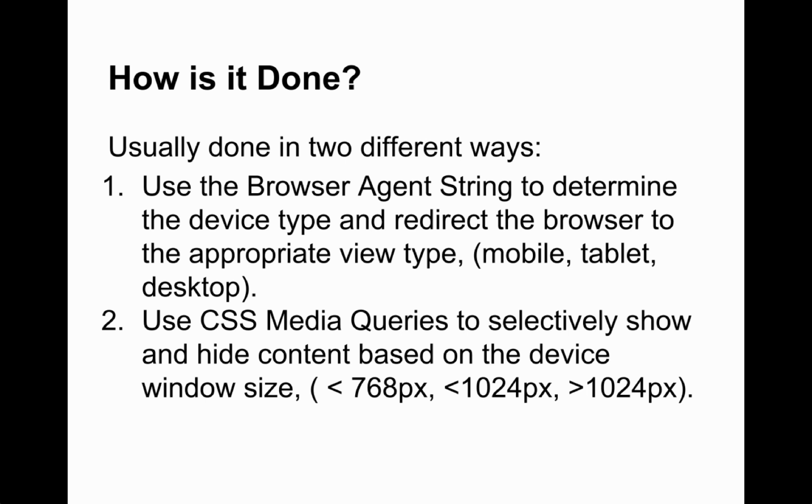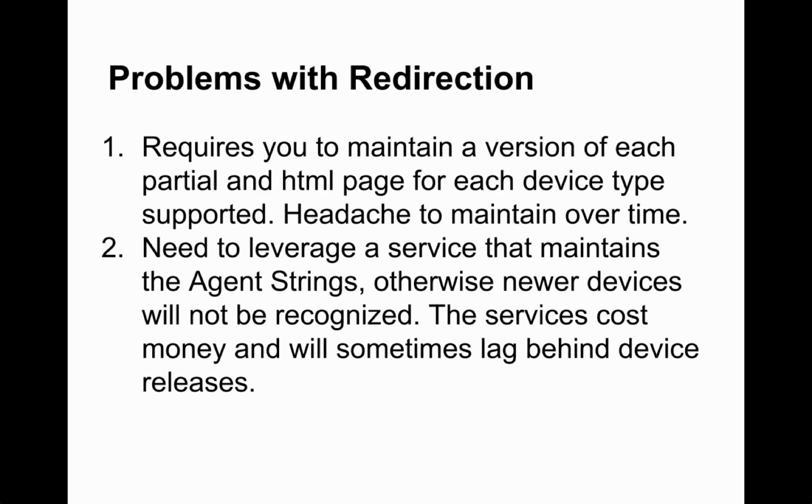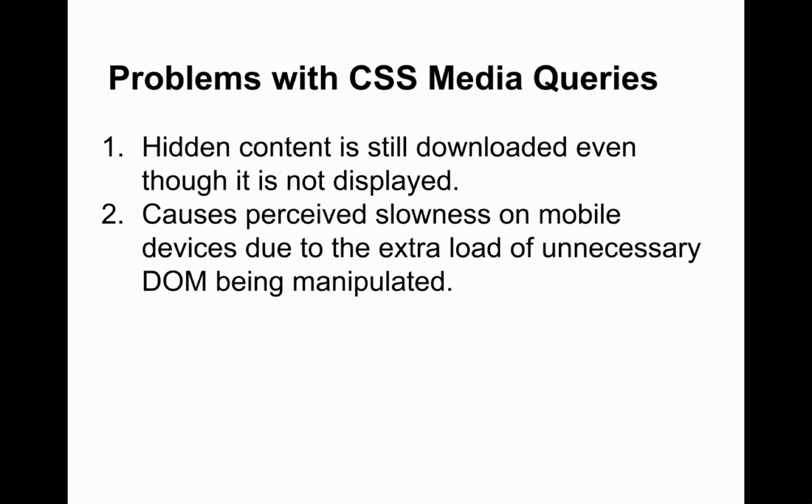So what happens is that mobile device bogs down trying to manipulate all that hidden CSS or hidden web content. Plus, it looks like it's really slow because it's pulling down all these big images over your 3G, 4G network. So that's not really a good solution.